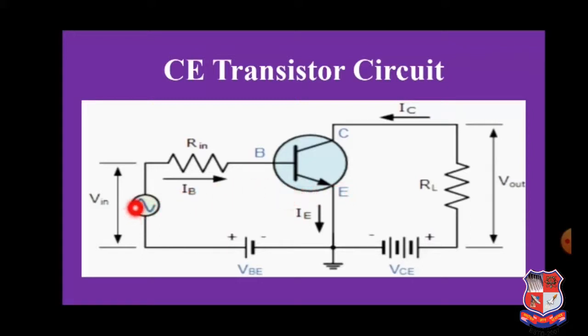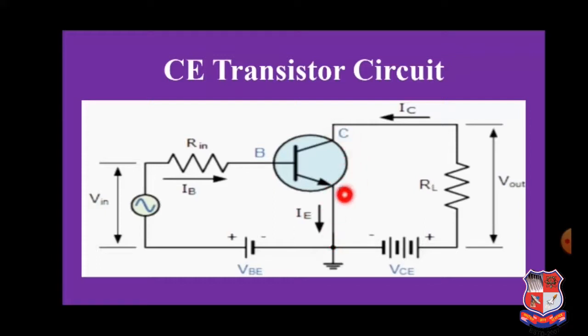Additionally, an AC generator has also been connected to supply some additional input voltage through the externally connected input resistance R in. So the current flowing into the base terminal is IB. The current coming out from the emitter terminal is IE, but we will not consider this particular IE in the calculation because this terminal has been grounded.